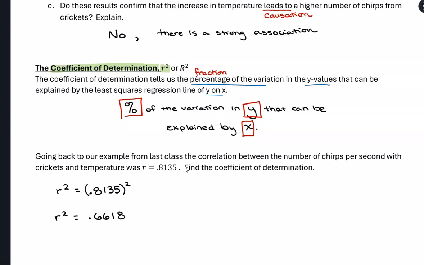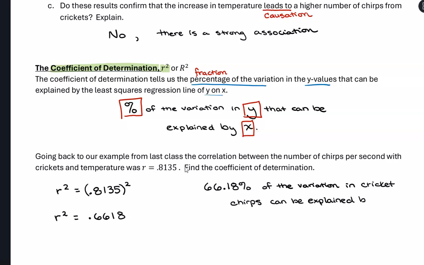So my interpretation, I would say 66.18% of the variation in cricket chirps can be explained by temperature.